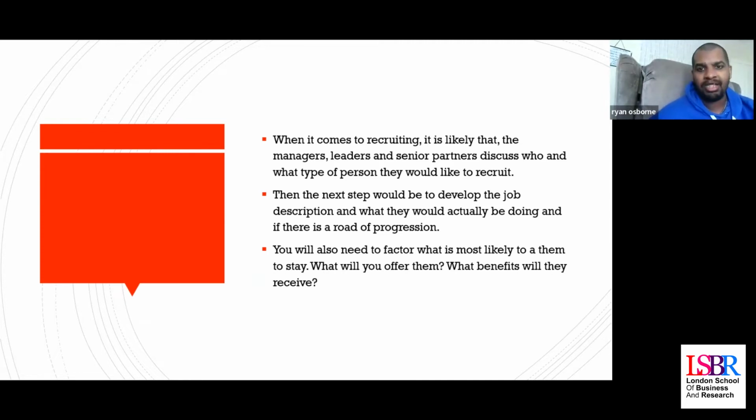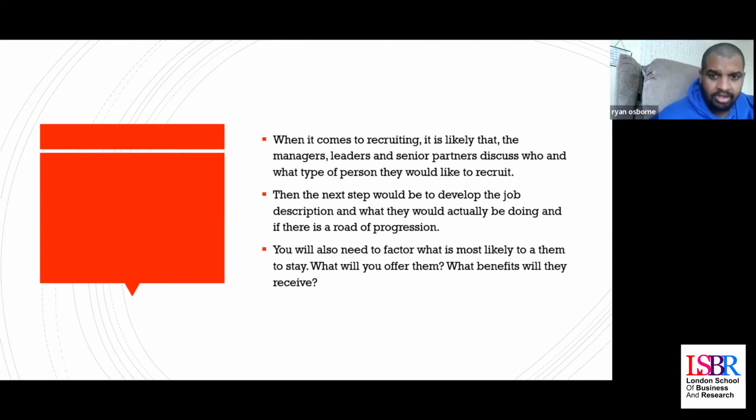Because nine times out of 10, you may be able to get the job and get training on the job as well. But in some jobs, they expect you to know certain things, and they expect you to have certain qualifications as well. So when it comes to putting the job description together, it's a very important thing.